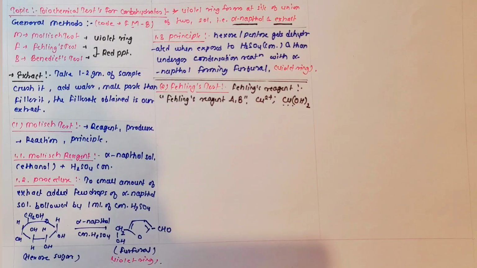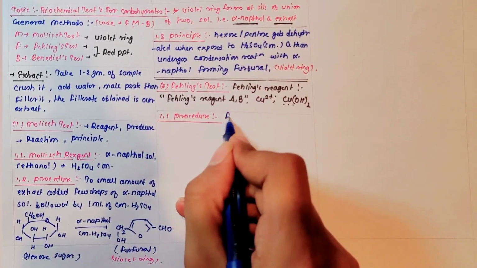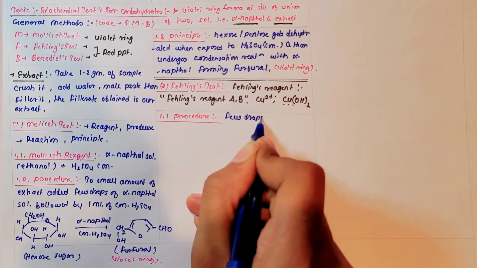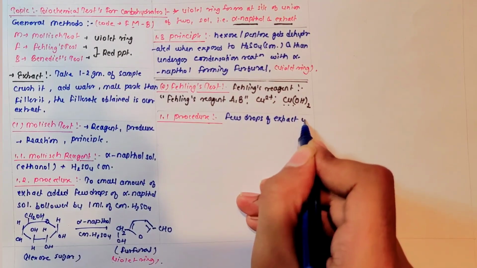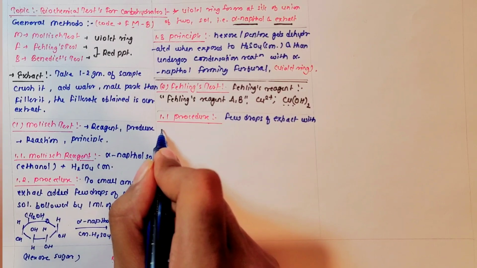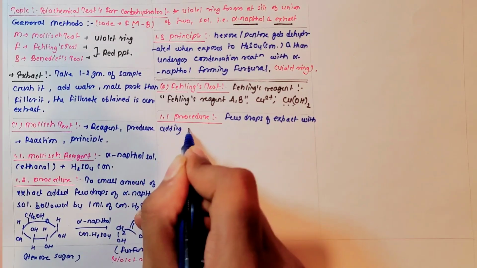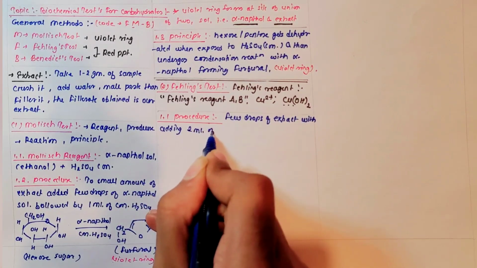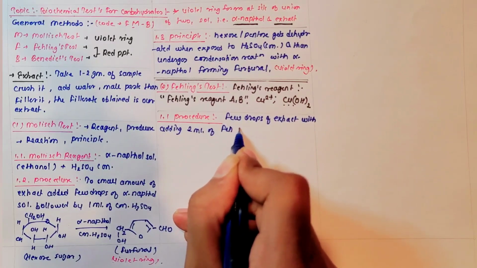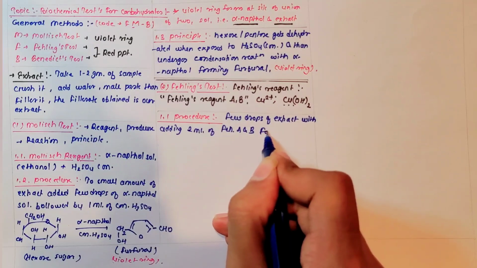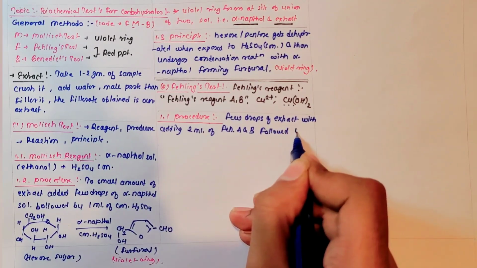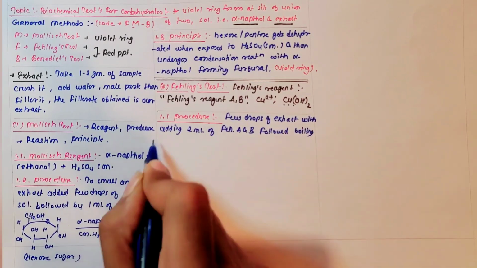So now the second thing is the procedure. In the procedure we have few drops of extract, adding 2 ml of Fehling solution A and B, followed by boiling in water bath.